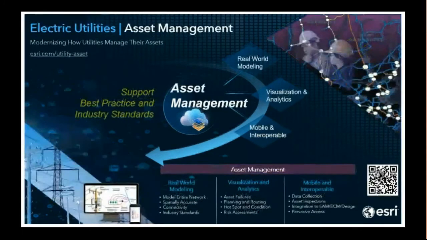And then if we look at electric utilities, asset management, how we support best practices and industry standards, real-world modeling, visualization, and also mobile interoperable machines. Connectivity, planning and routing, and then asset inspections with data collection.